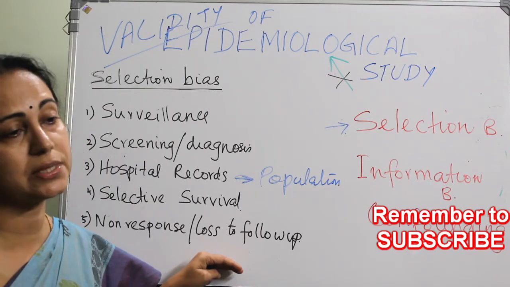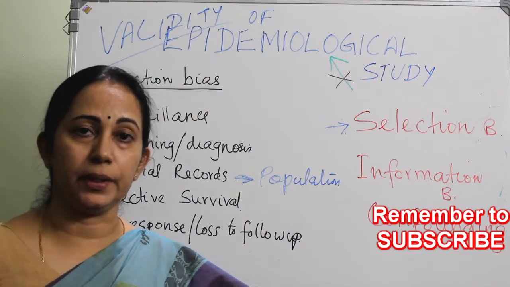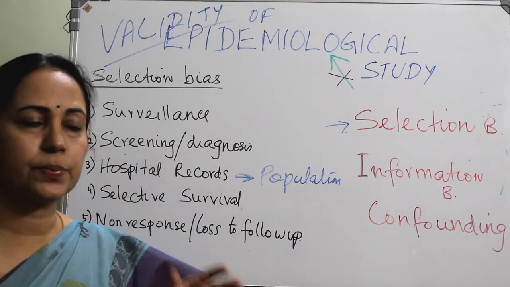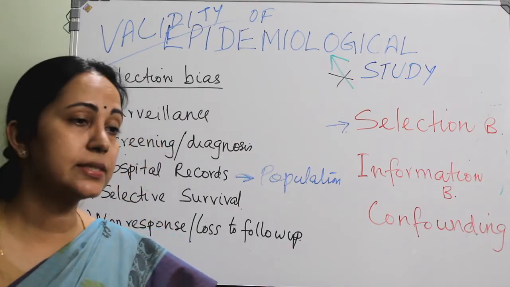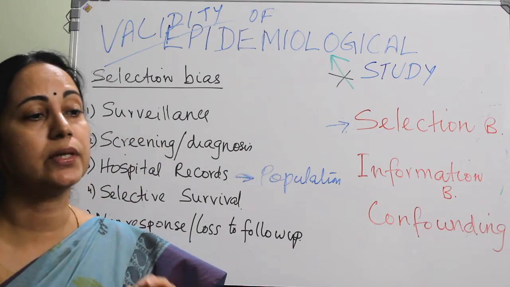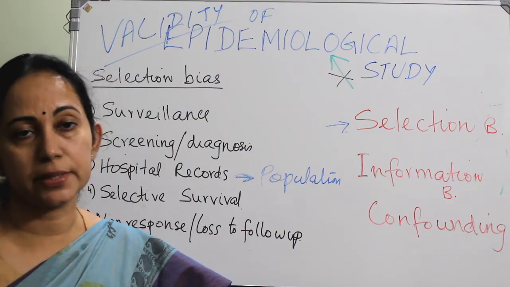This will especially happen in the case of cohort study where there is a long follow up period. This non-response or loss to follow up will increase the chance of selection bias, and even a 20% loss to follow up will introduce bias into the study.